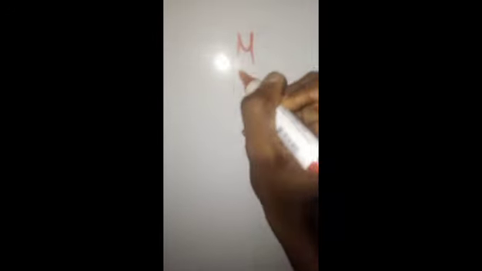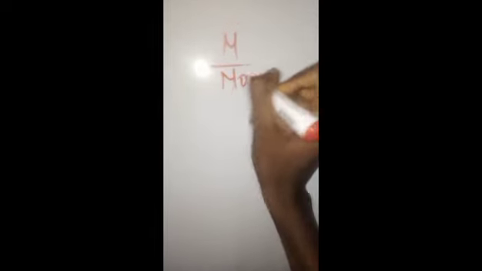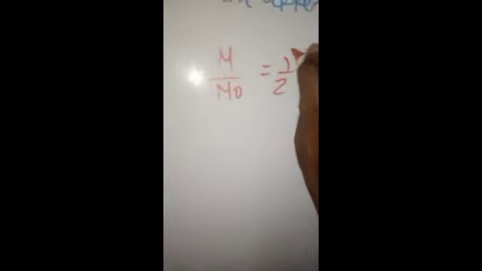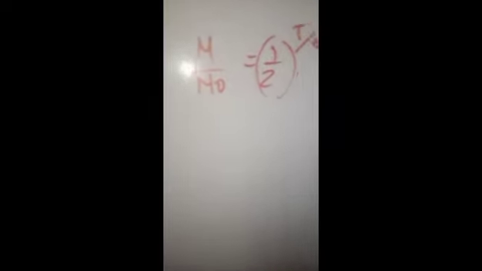Okay, moving on. Before we take questions, I'll explain some things again. Let me write the formula again. The first formula: N over N naught is equal to 1 over 2 raised to the power T over T half.